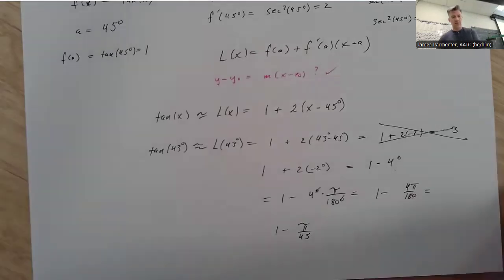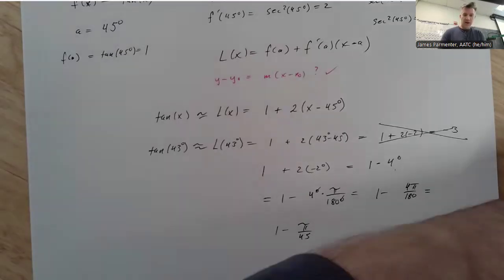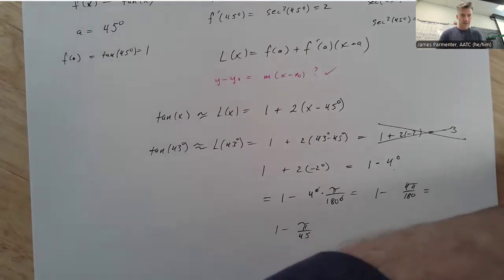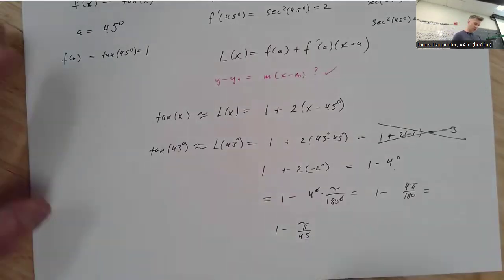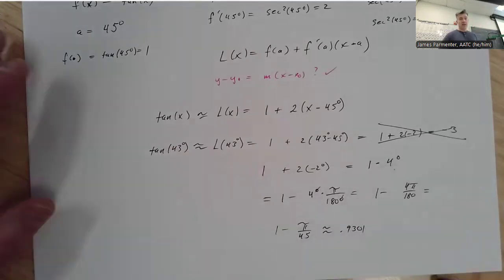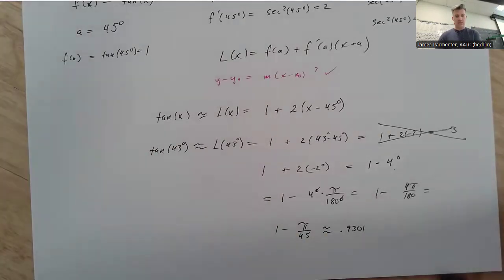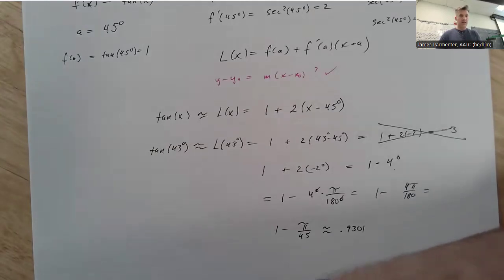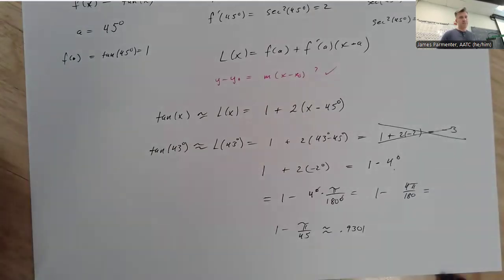Let's actually, okay, fine. I see your faces. 1 minus pi over 45 is approximately 0.9301. Whereas if you plug in tangent of 43 degrees, that's going to be interesting. The problem is my computer doesn't want to do degrees.